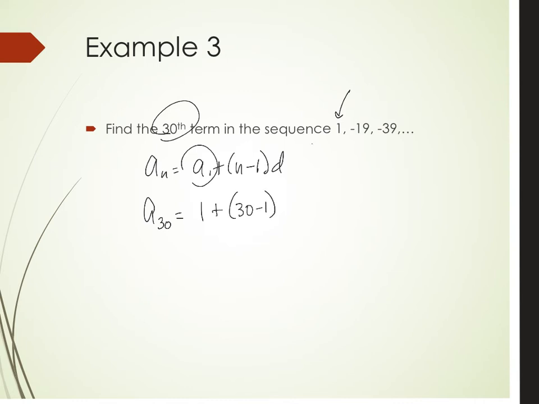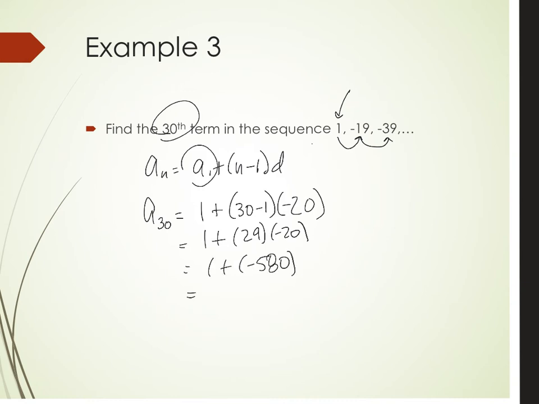If I'm starting here and getting to negative 19 and then to negative 39, I think the difference is negative 20. So this is where I get 29 times negative 20. Grabbing my calculator, that's negative 580, which then is negative 579, the 30th number in that list.